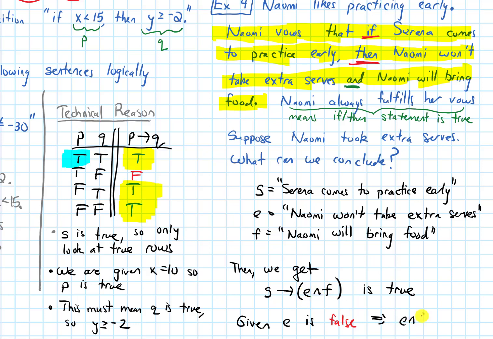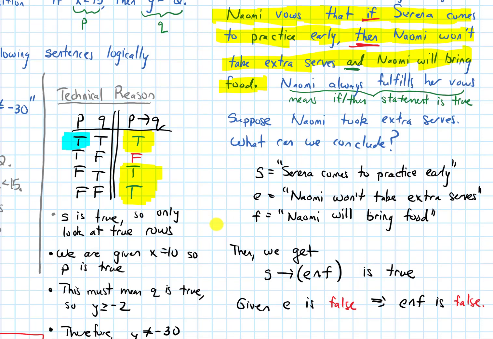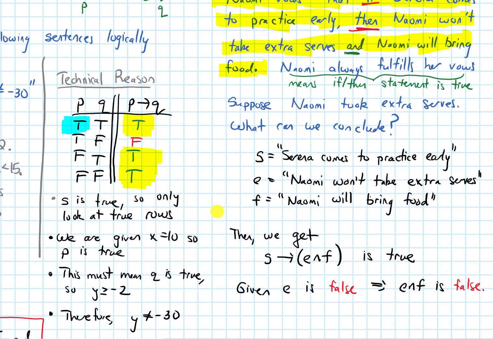So that means E and F, that whole and statement, is false. Because in this implication, the conclusion part of it, the E and F, is false, this implies that the initial part, the given or the premise, S, is also false.